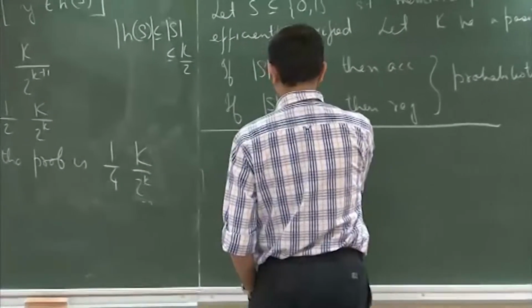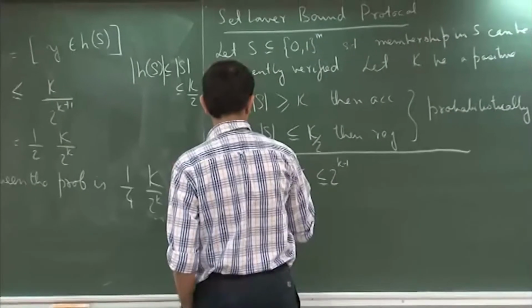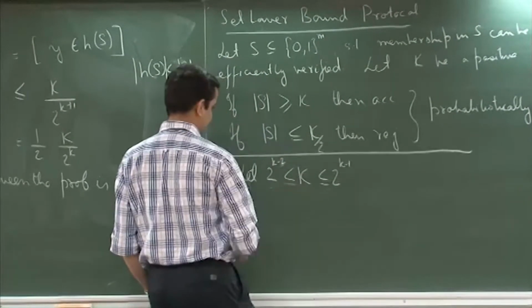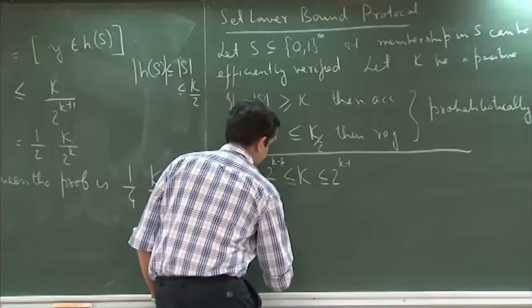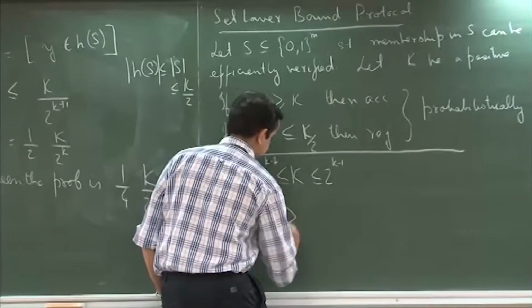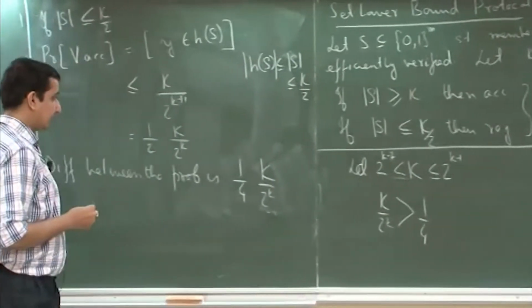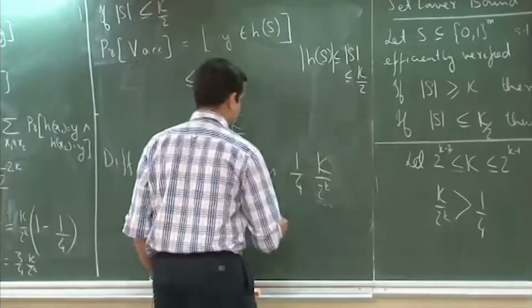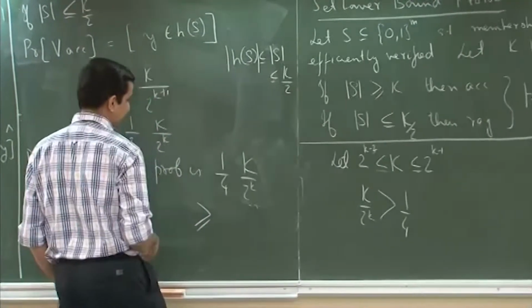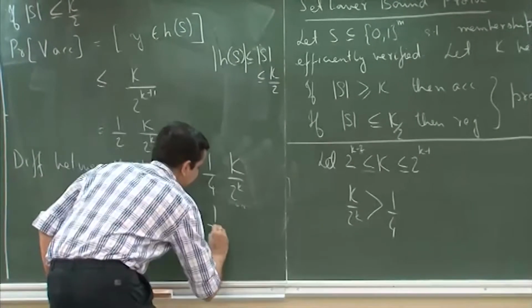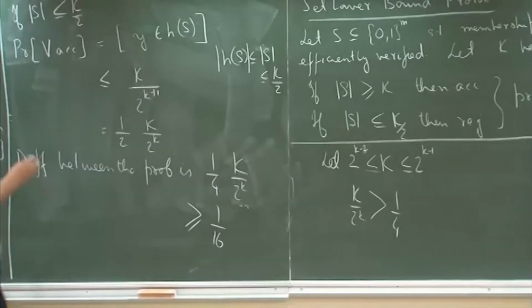So, k by 2 to the power k is at least 1/4 from this inequality. So, k by 2 to the power k is greater than 1/4. Therefore, the difference between the probabilities is greater than 1/16, which is sufficient for us.